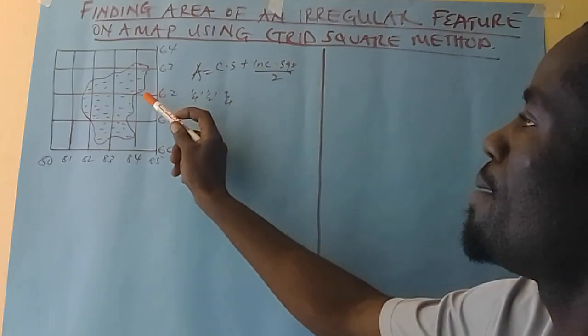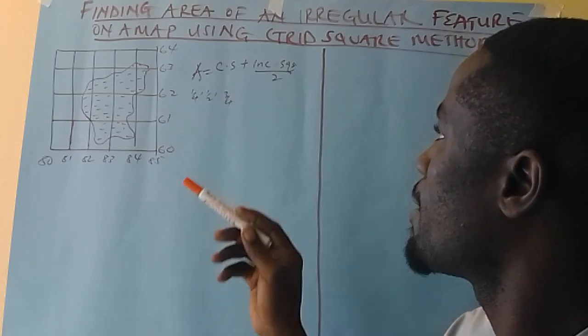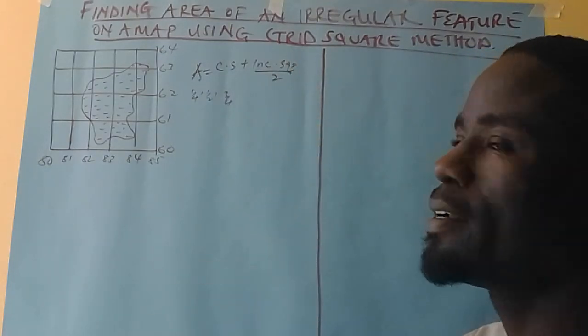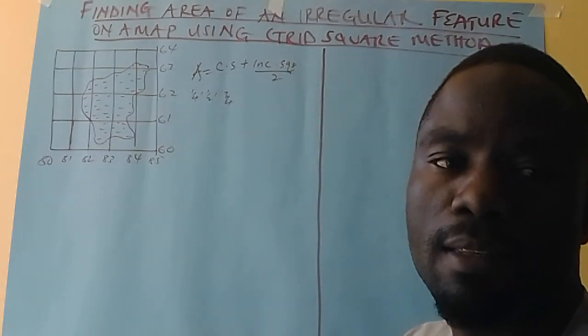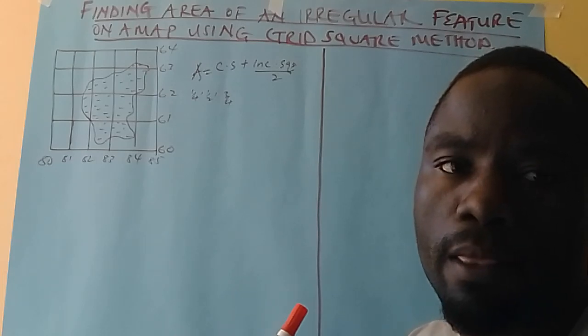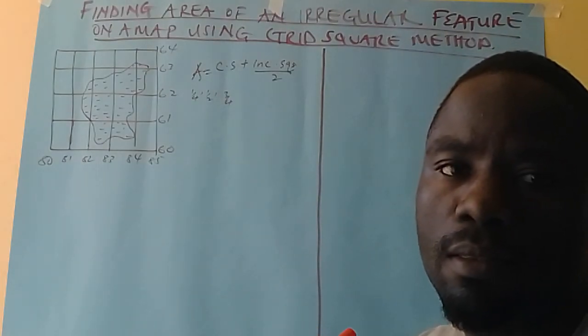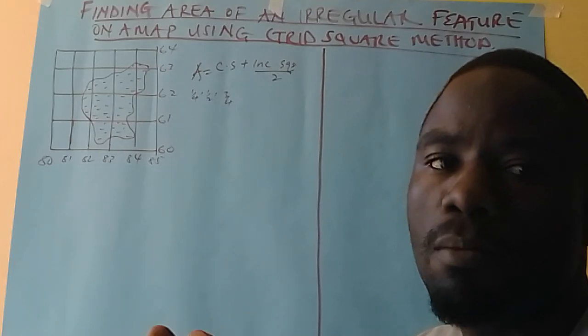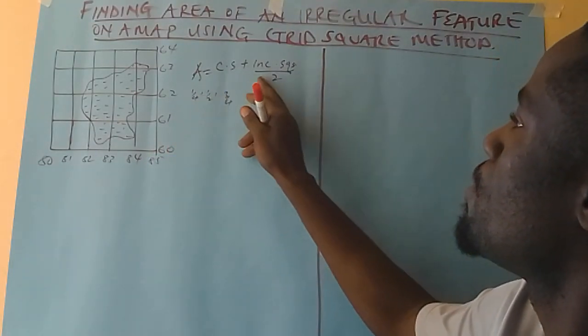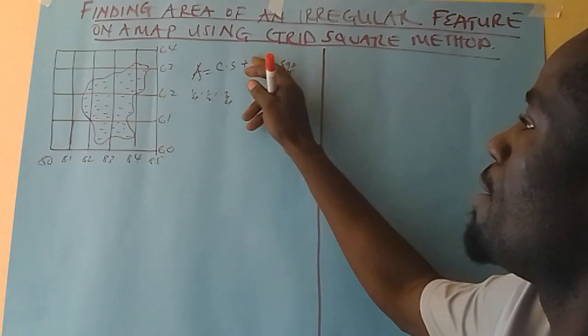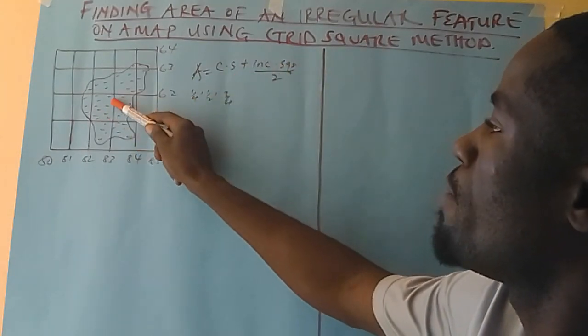There is no way you can determine whether it is a quarter or a half. That's why we use an average: whatever is not full is incomplete. Be it half covered, quarter covered, or three quarters covered, it is still incomplete. So we use 2 as the average for whichever square is not full.